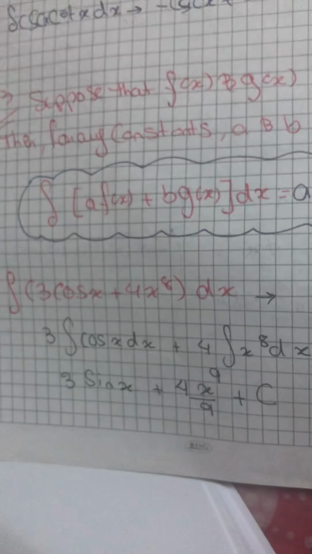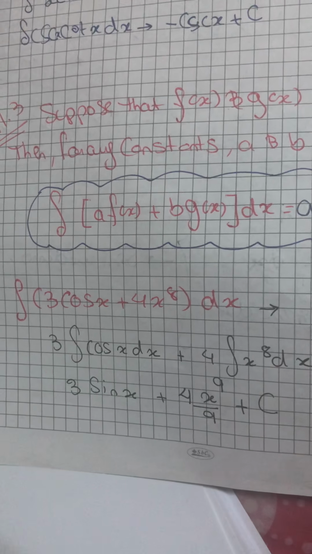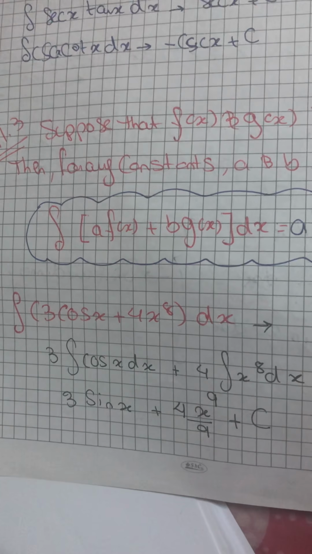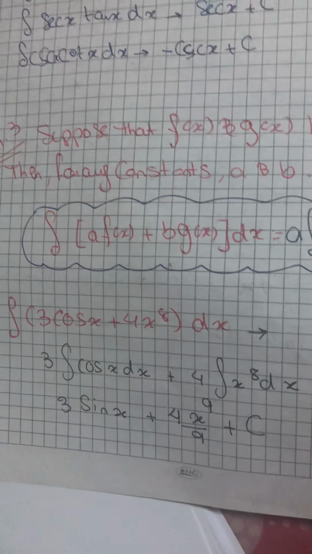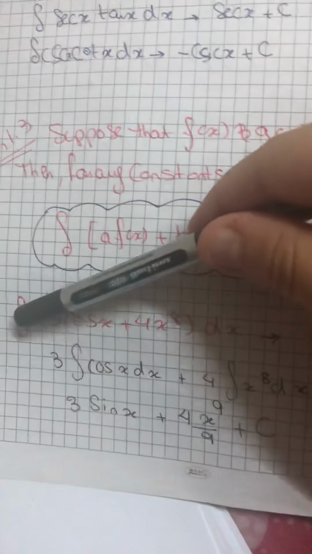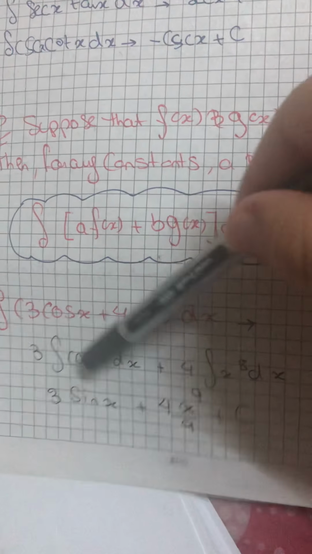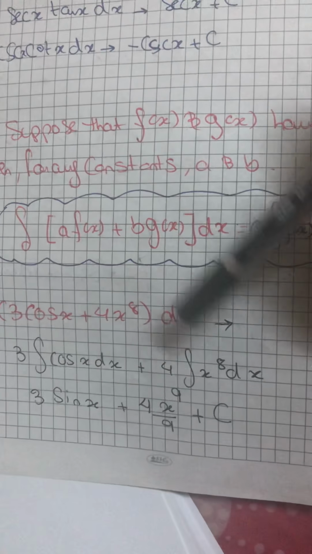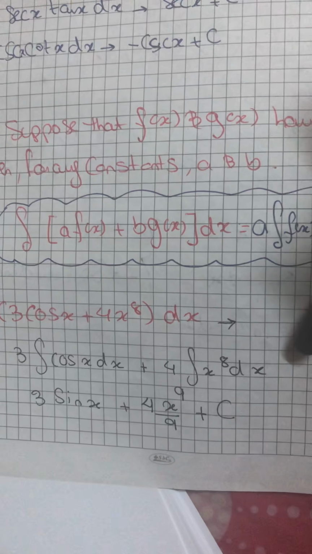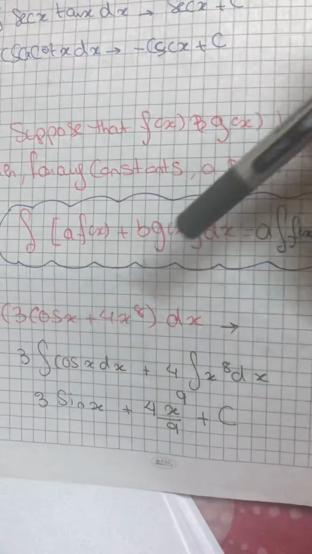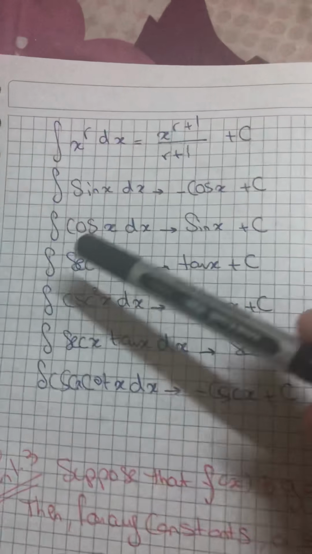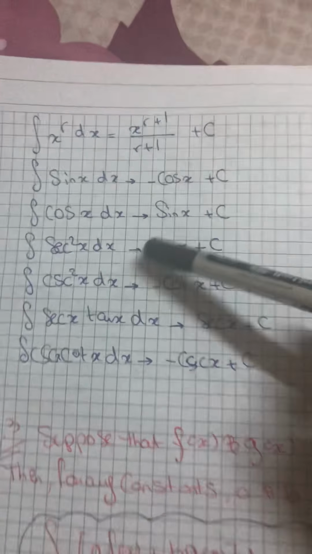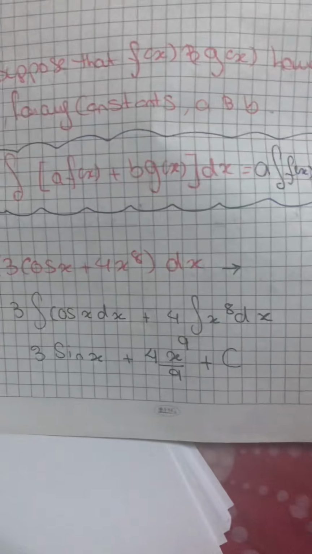And then add or subtract them as we have. For example, this one says 3 cosine x plus 4 x to the power of 8, dx. I can split it: I take the 3 out and find the integral of cosine x dx, plus take the 4 outside and find the integral of x to the power of 8 dx. The 3, nothing will happen to it, and the integral of cosine x is sine x, so 3 sine x.